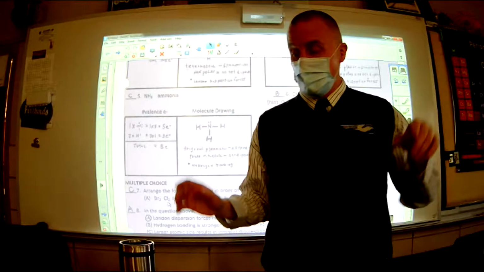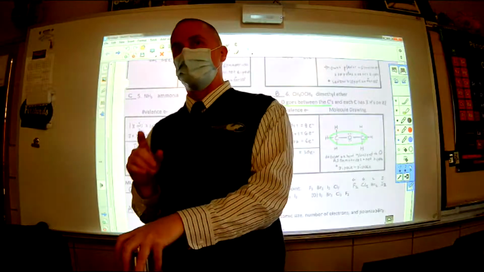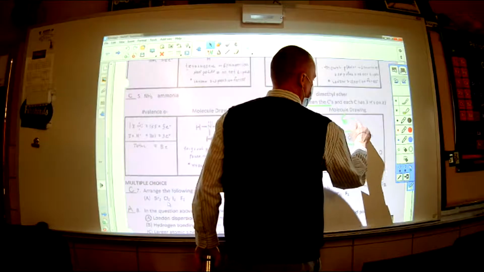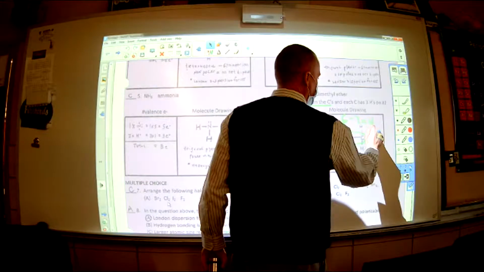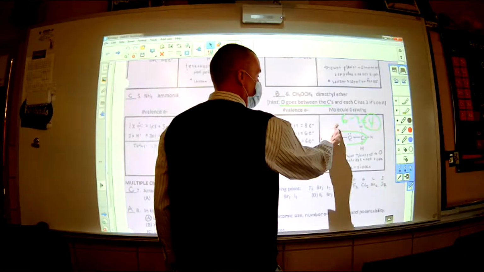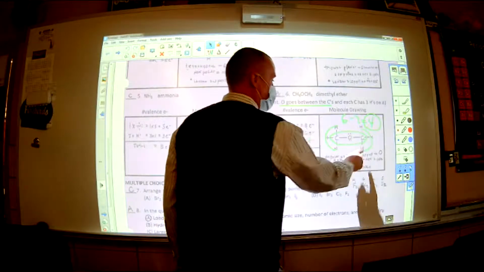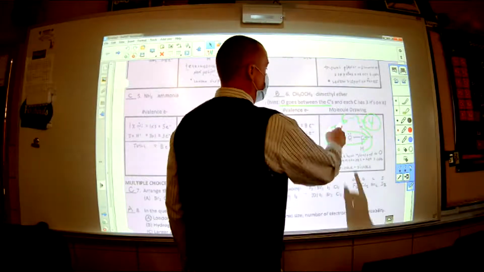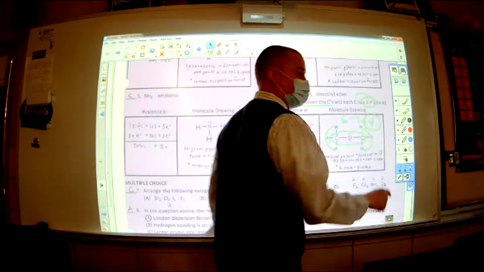If you ask oxygen what the shape of the molecule is, oxygen starts with 6 electrons. I have 2 carbons on it. That is 4 electrons left, or 2 pairs. They told you the hydrogens were on the carbons, didn't they? The 3 hydrogens are on each of the carbons.